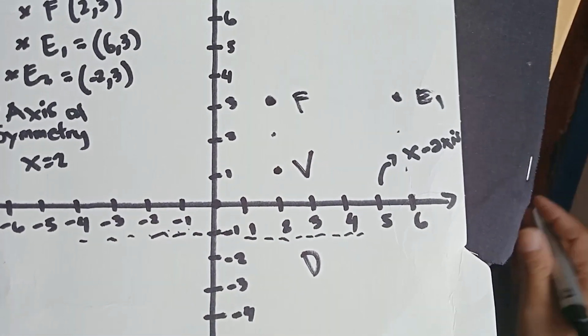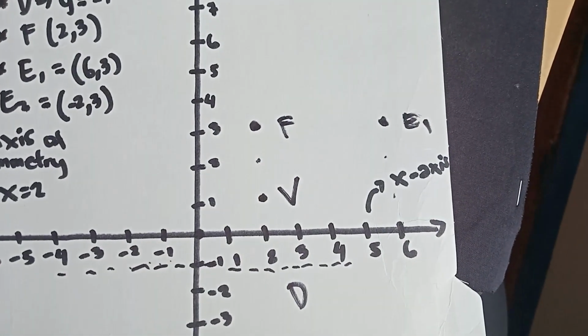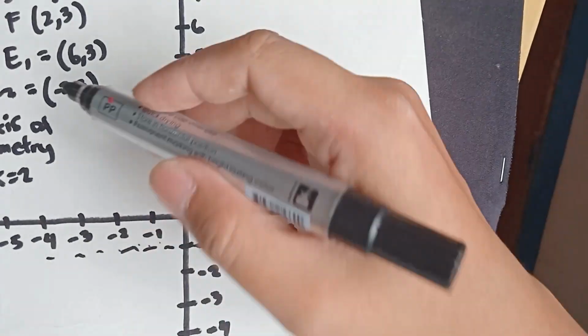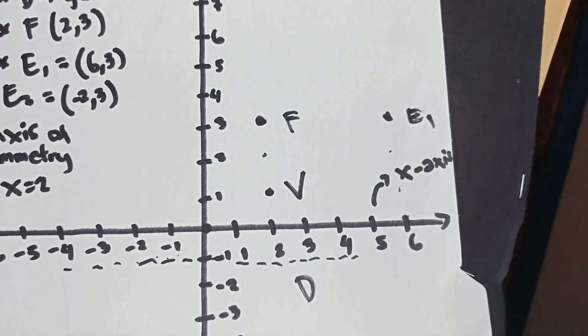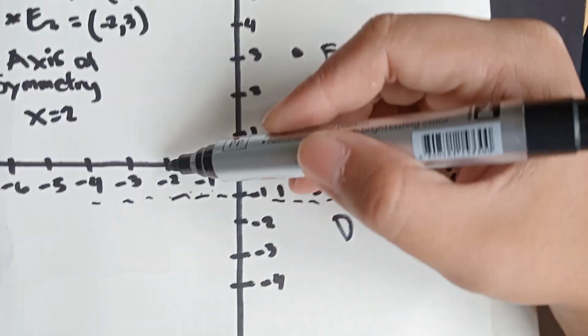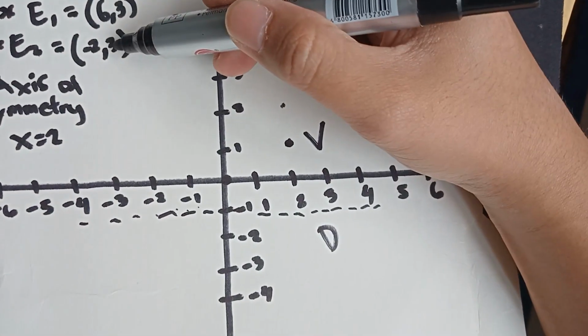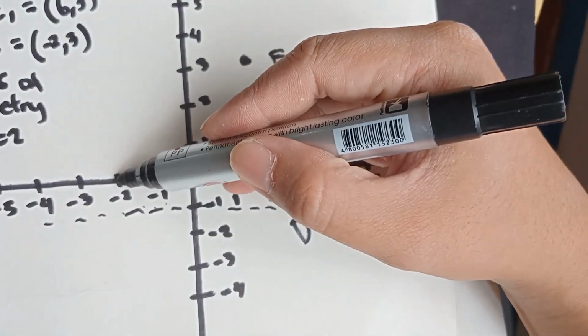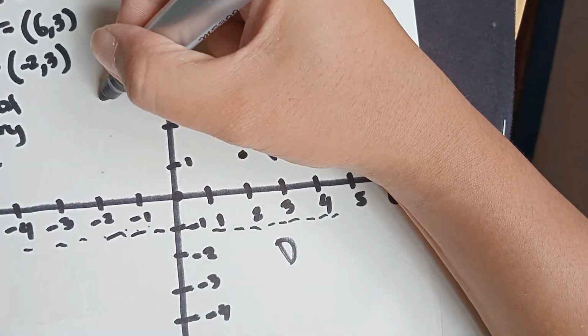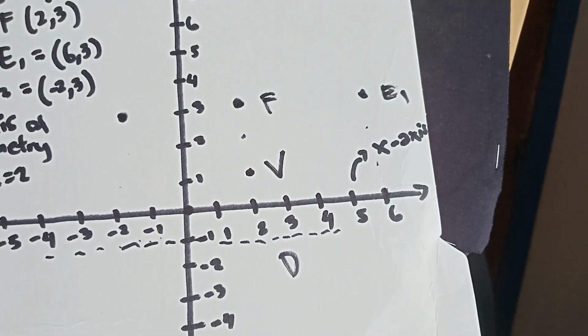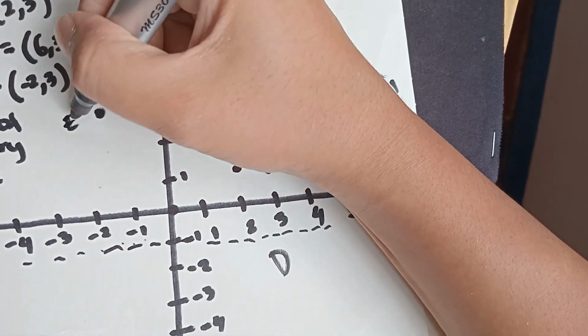Next, we'll locate endpoint number 2, negative 2, 3. Our first element is negative 2, so locate it on the x-axis. We have negative 2. Then jump by 3: 1, 2, 3. That is our endpoint number 2.